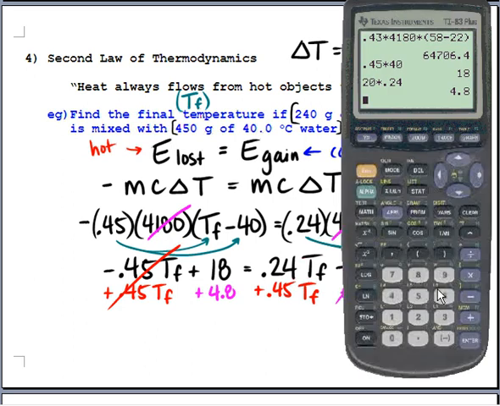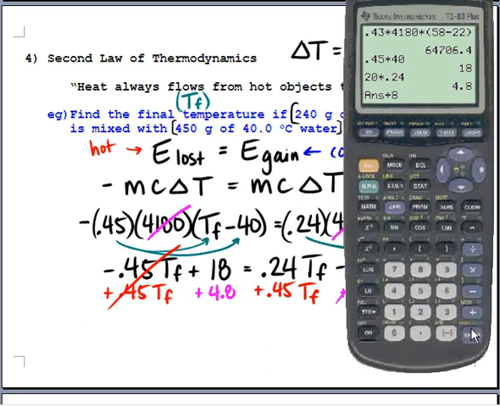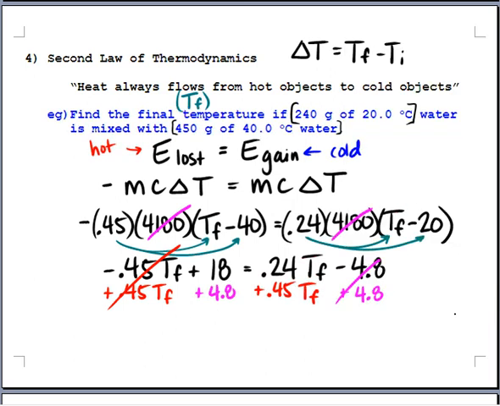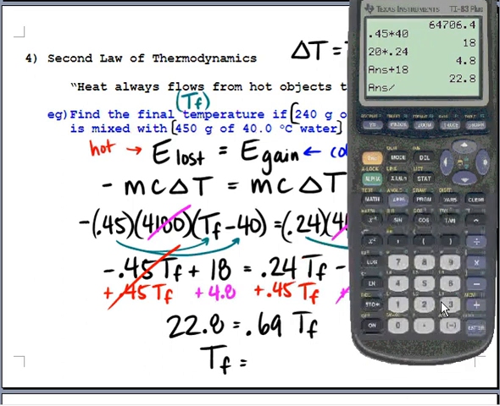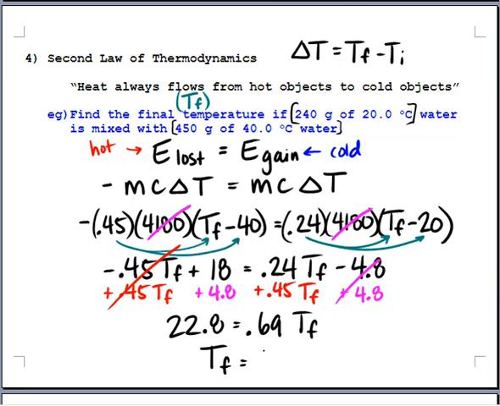We're left with 4.8 plus 18, 22.8 equals 0.69 Tf, and divide both sides by 0.69. Looks like 33.0 degrees Celsius. So there's your final temperature.